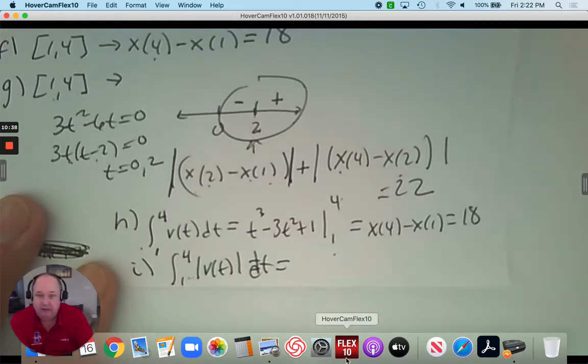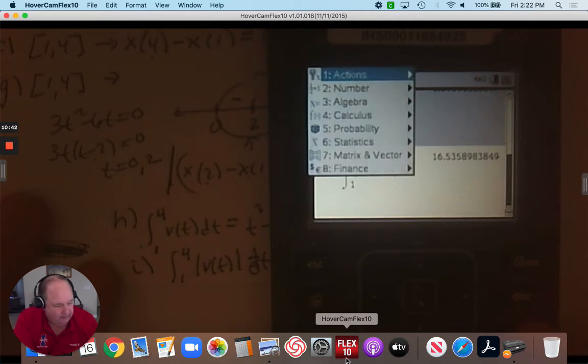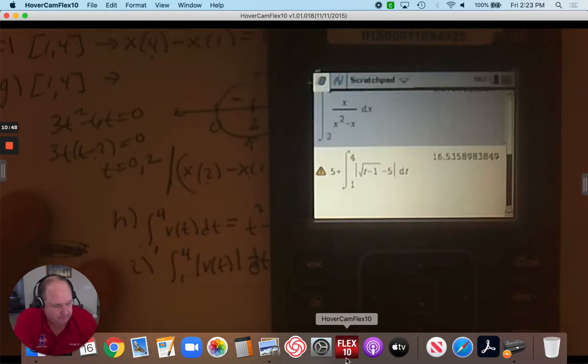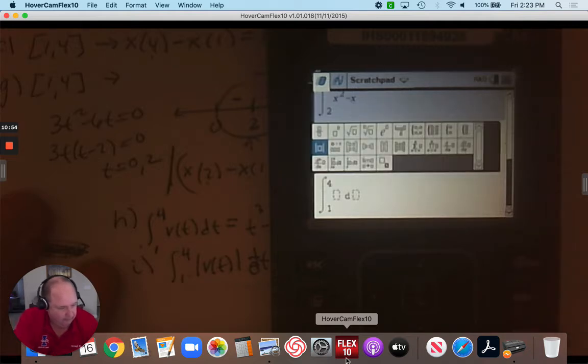So let's do that. I'm going to use my calculator, menu, calculus, integrate. And I'm integrating from 1 to 4. Absolute value.